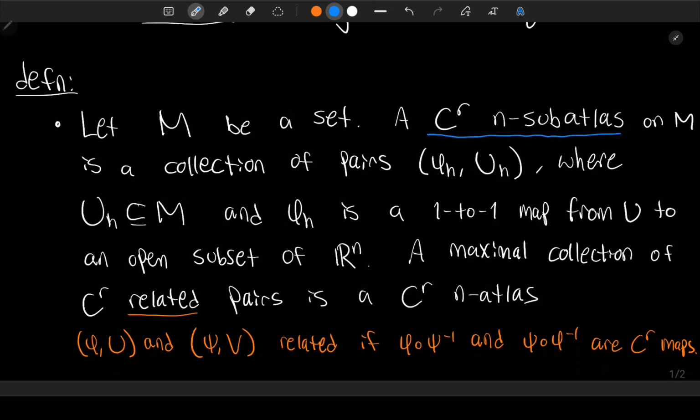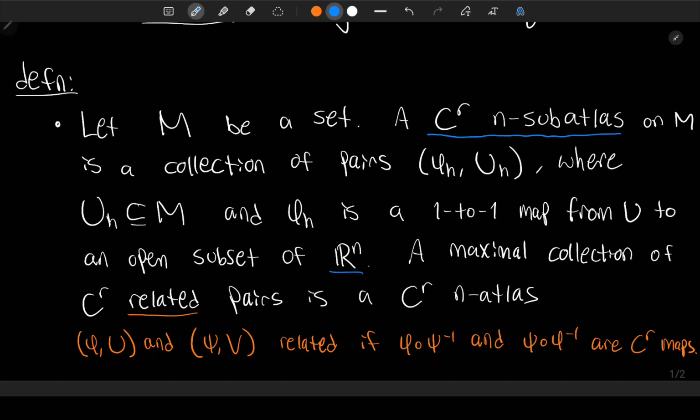So a CRN subatlas is just a collection of maps and subsets of M. Those maps map these subsets of M onto the real numbers, onto Rn.